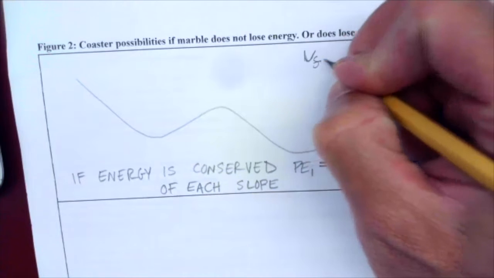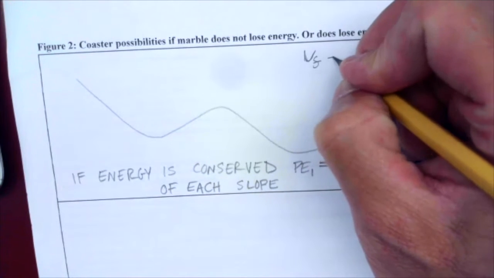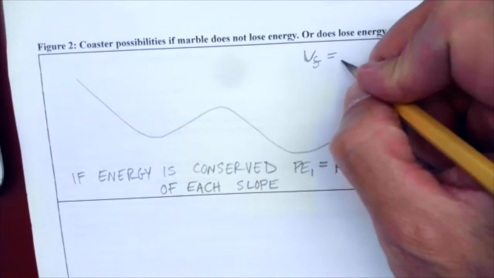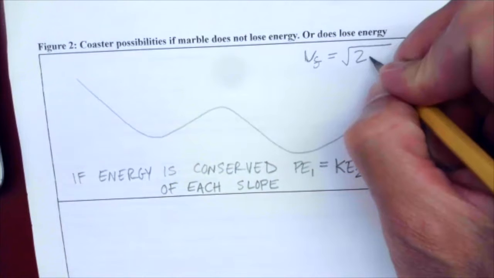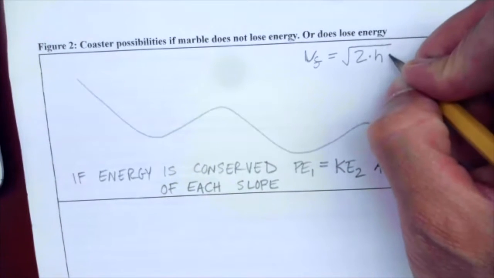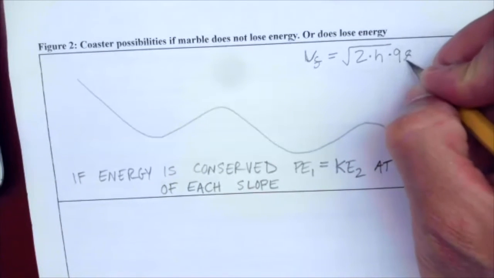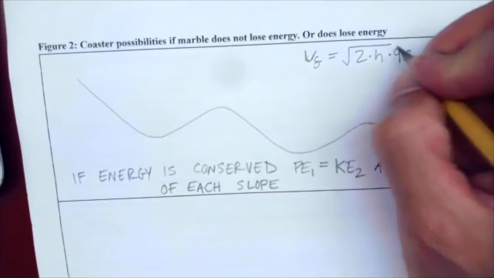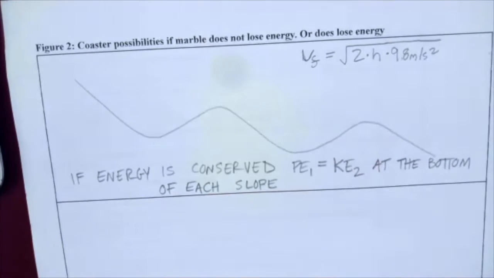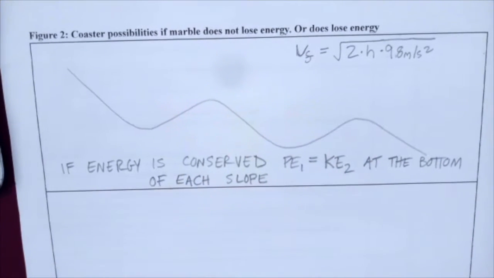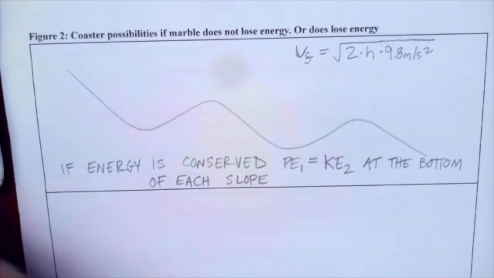We derive this equation from that energy equation. The final velocity is the square root of 2 times height times 9.8 meters per second squared. VF, final velocity.